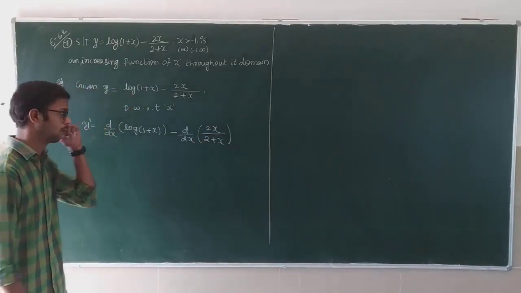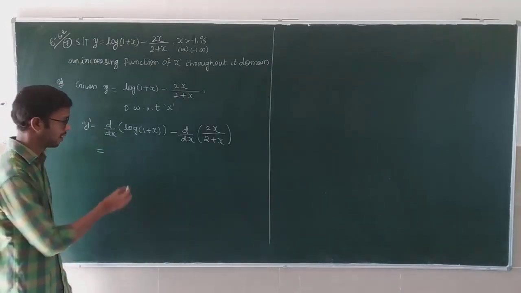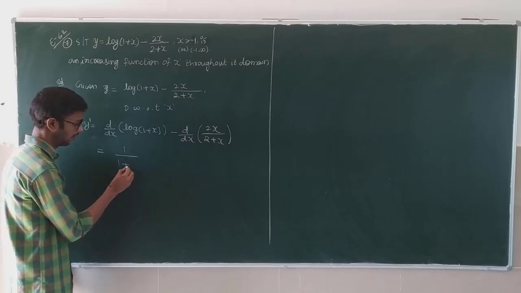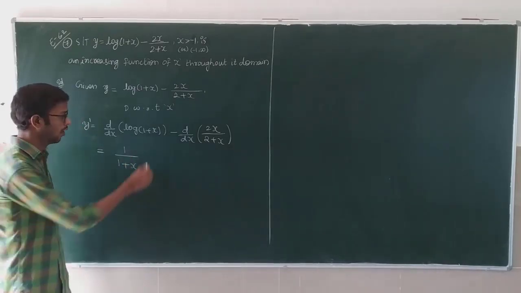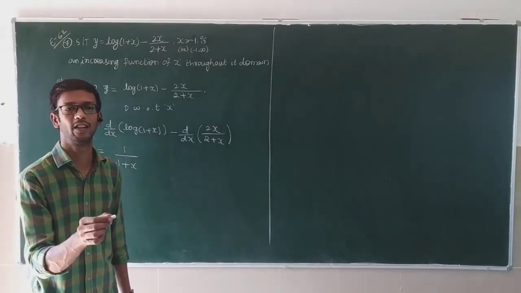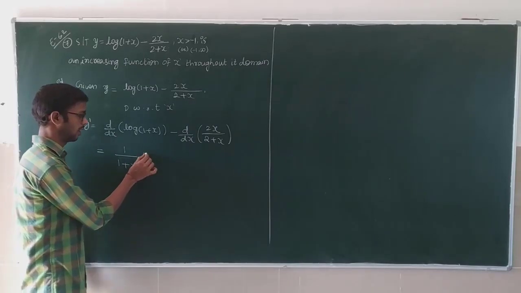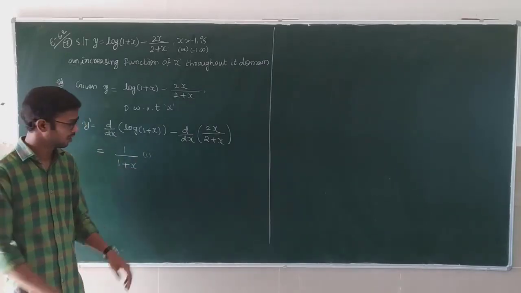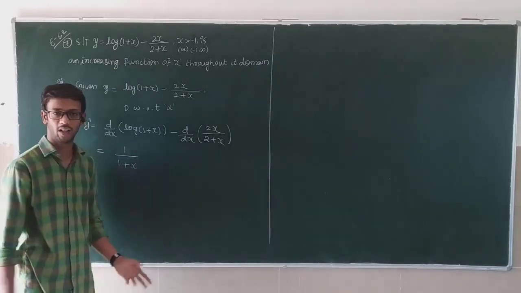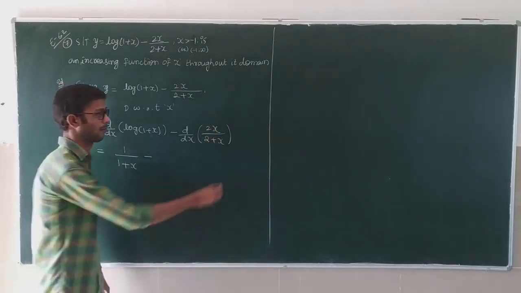The derivative of log of 1 plus x is 1 by 1 plus x, and the derivative of 1 plus x is 1 plus 0, which is 1. No need to write that here.